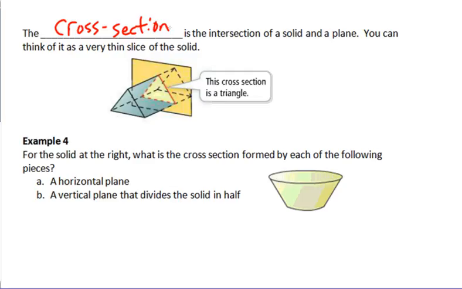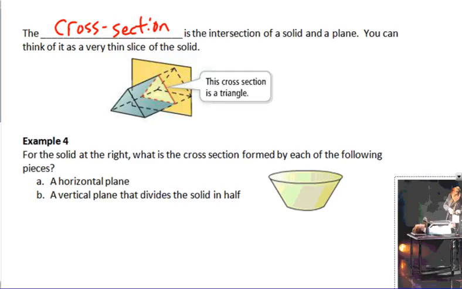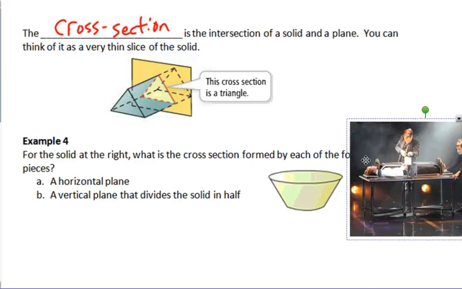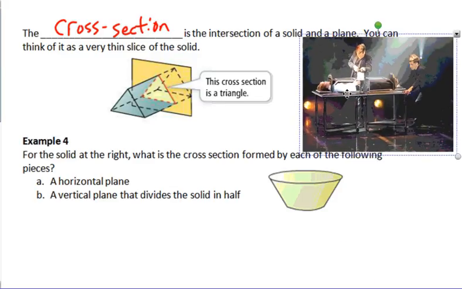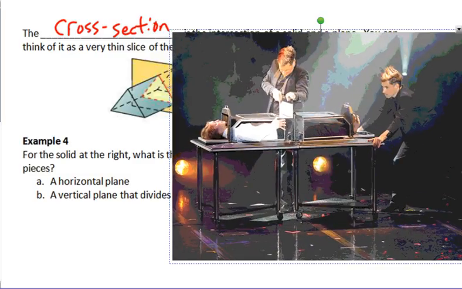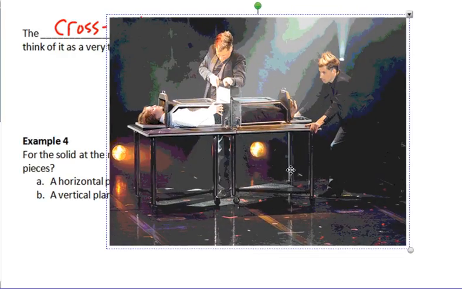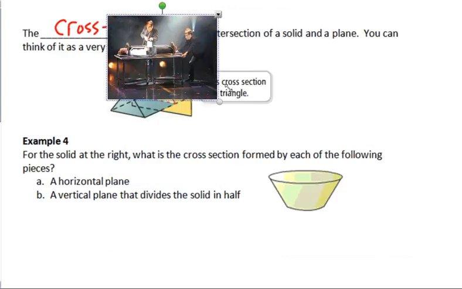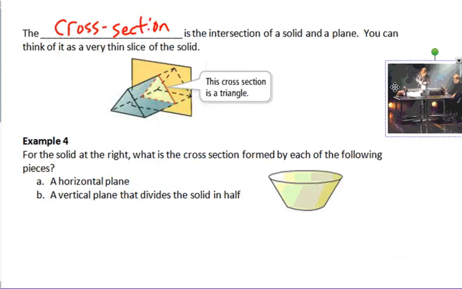I kind of picture this as that trick where magicians cut a person in half, and they're in this box, and they cut right through this box. That's what I picture a cross-section being. It's an intersection of a solid and a plane.